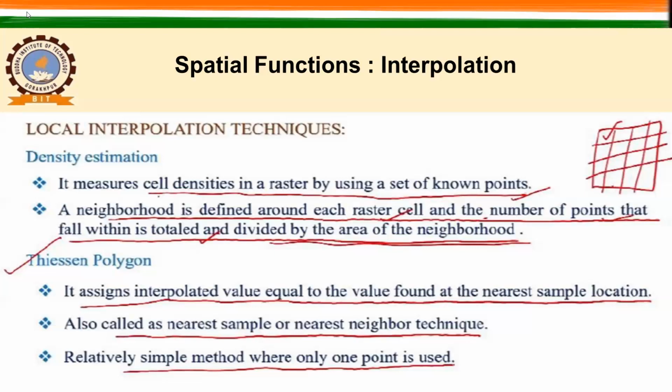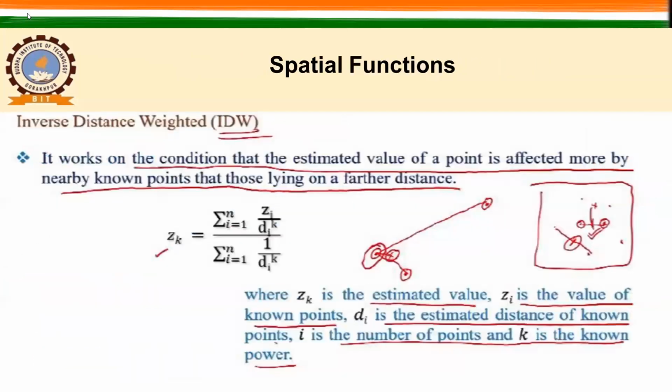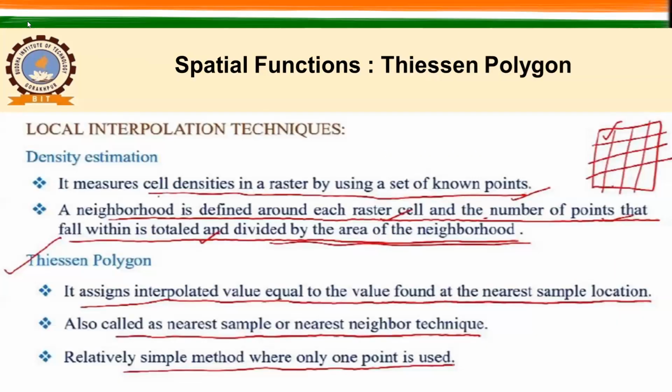Now the next method is Thiessen polygon. Thiessen polygon is one of the popular methods in interpolation, but it is a little bit more complex than the others. So let us see how exactly you can perform this. It assigns interpolated values equal to the value found at the nearest sample location, right?